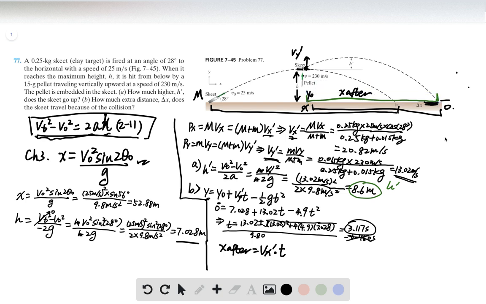Okay, so now we're putting the numbers because we know the vx prime is 20.82 meters per second times the t we have, which is 3.117 seconds. So that gives us a total of 64.90 meters. Okay, we're almost done. We're very close. The last step is to find what delta x is.